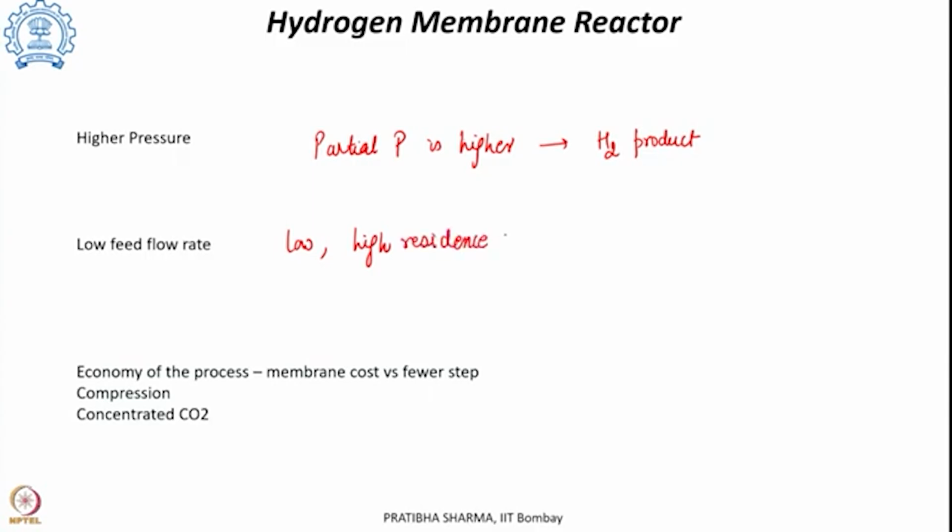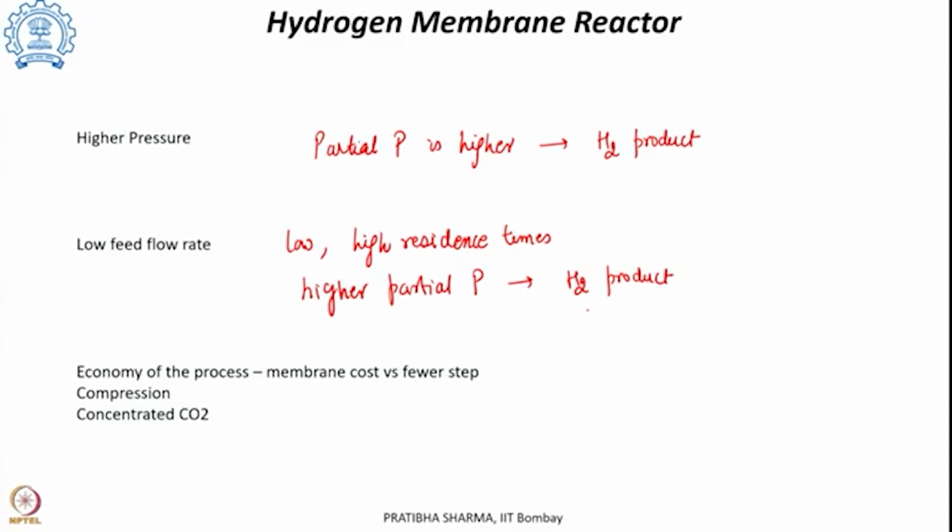So, the residence time increases if the flow rates are lower, and that creates a higher partial pressure favoring the separation of hydrogen. So, a lower feed flow rate will support getting higher separation using a hydrogen membrane reactor.